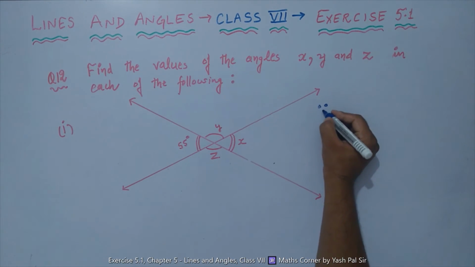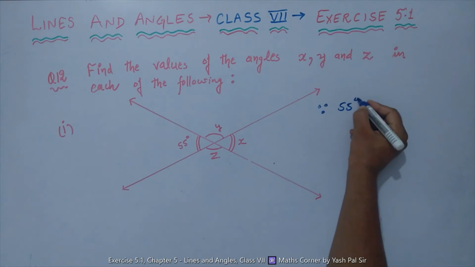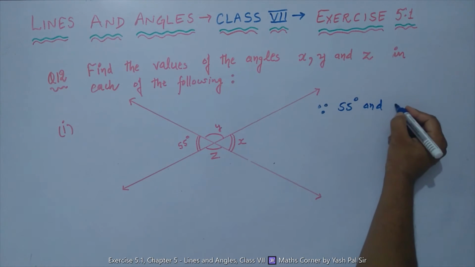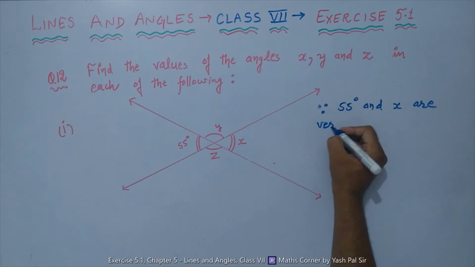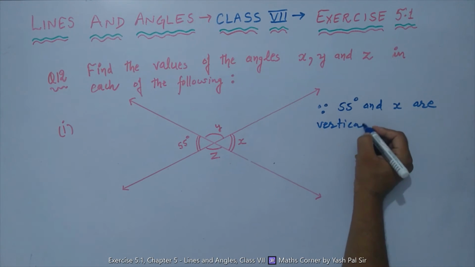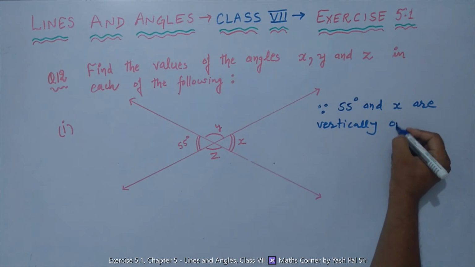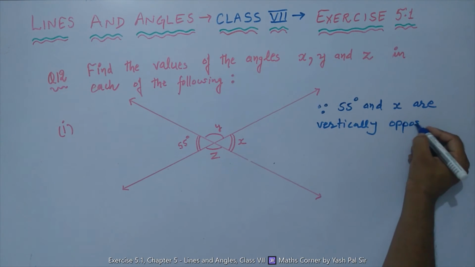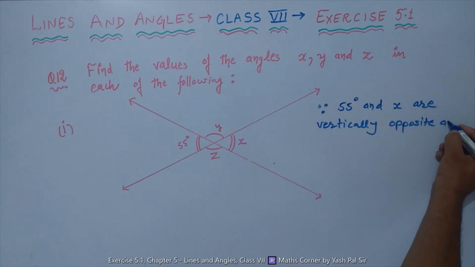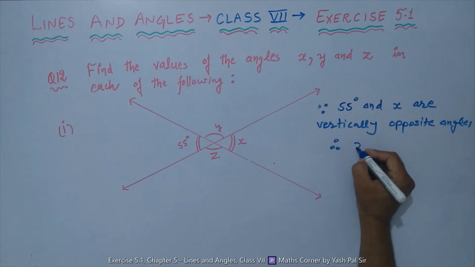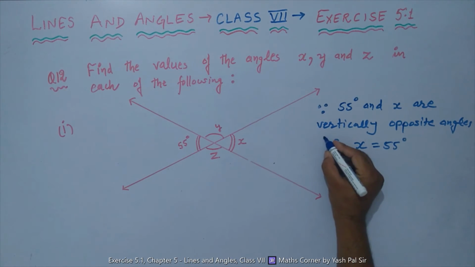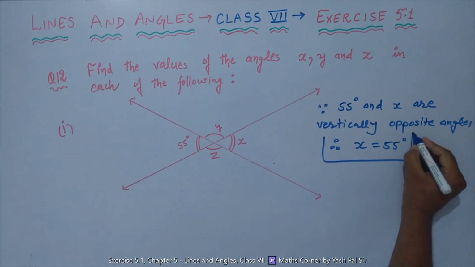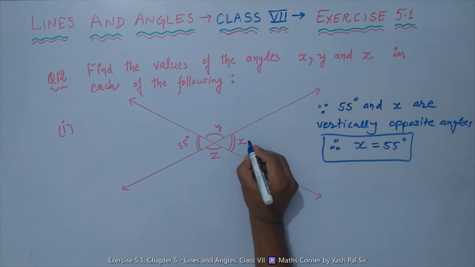Because angle 55 degree and x are vertically opposite angles, therefore they are equal. The value of x is obtained this way. What is the value of x? This is 55 degree.